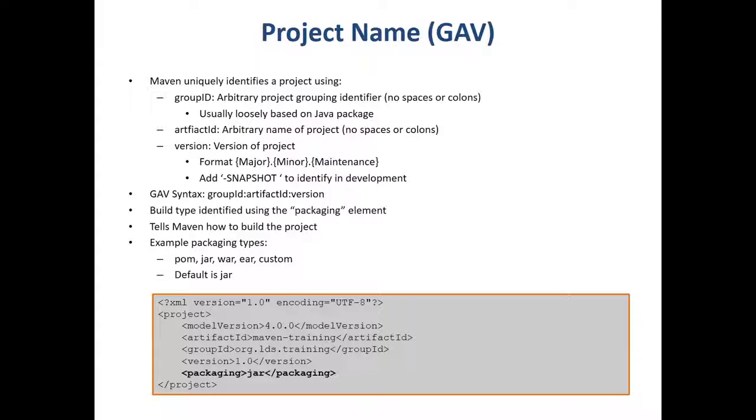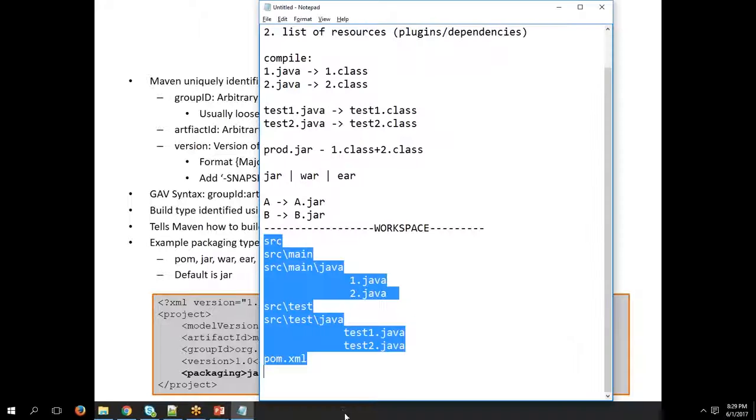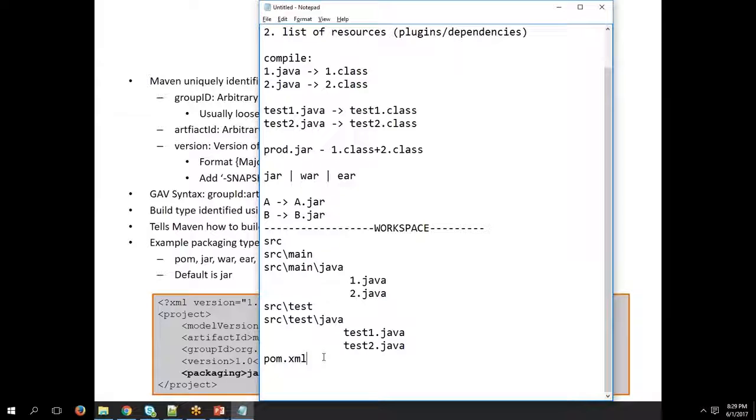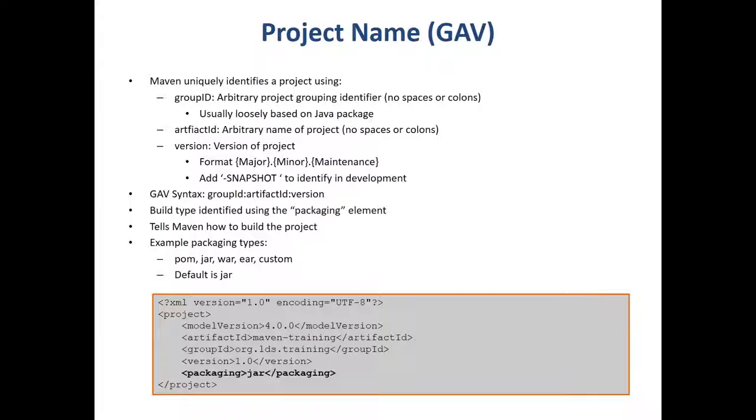And since we have spoken about the directory structure or the standard, and the life cycle of Maven as well as the architecture, let's give an overview of what this pom.xml is. Let's not deep dive into it, but let's first try to understand what the pom.xml is.